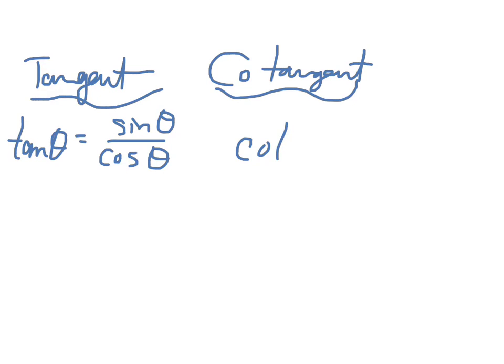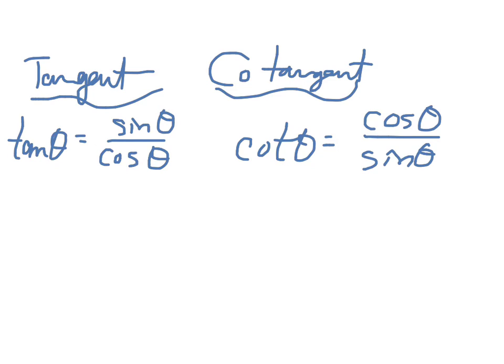The cotangent is cosine over sine, because they're reciprocals of each other. Reciprocal just means flip it over. We'll use those more on Monday than we will today. On Monday, we'll use those to help us solve our problems.